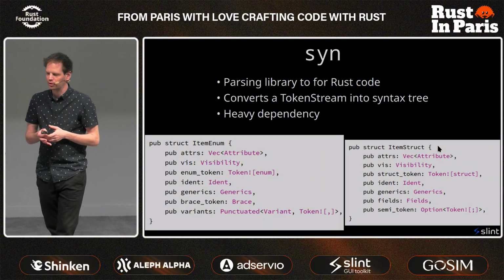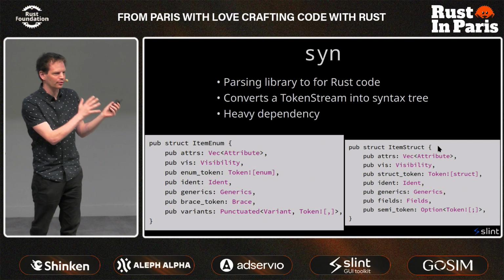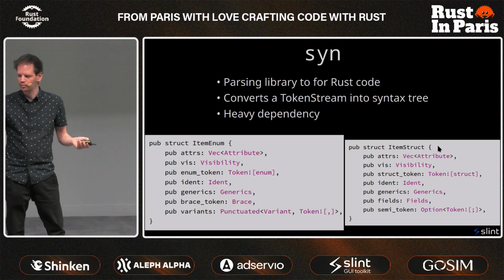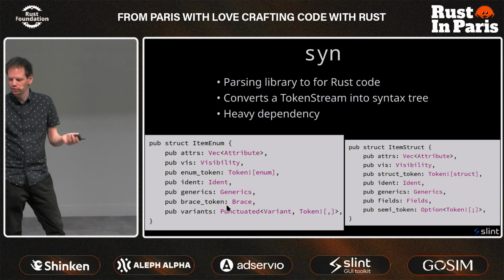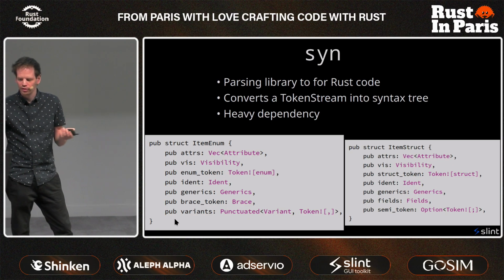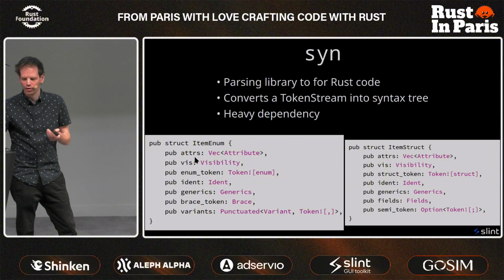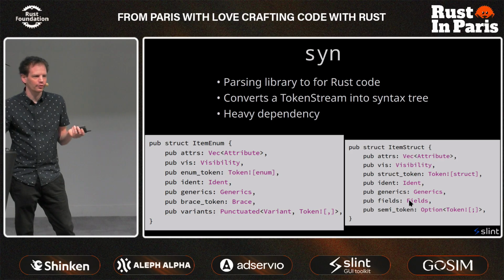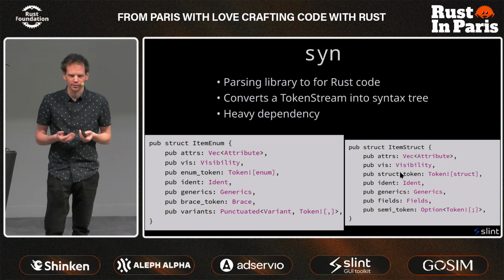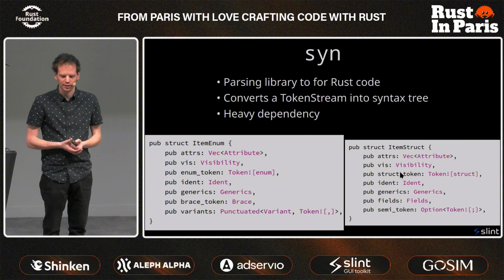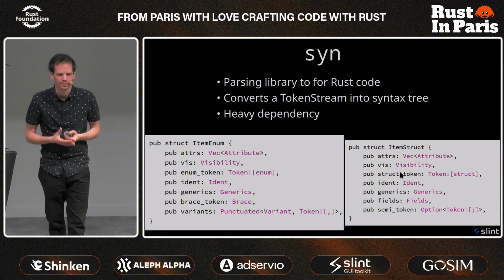So that's why syn takes this token stream and gives you a structured way to access, for example for an enum, all the variants of that enum and whether it's public or not. And the same for a struct, you can get all the fields of your struct in an AST, in a syntax tree, which you can operate on.